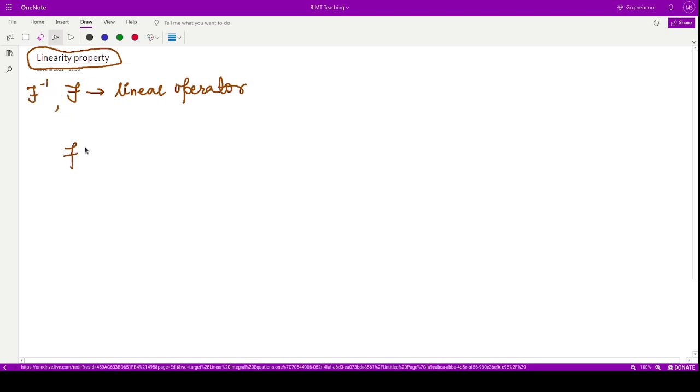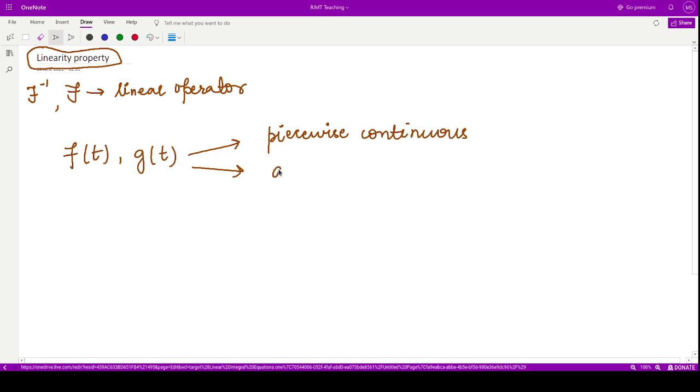Suppose you have two functions, f of t and g of t, both piecewise continuous, and additionally absolutely convergent. In that case, we are able to define the Fourier transform of these two functions.